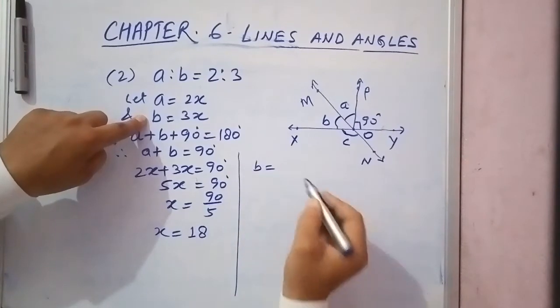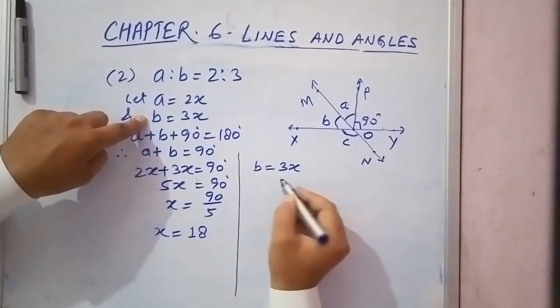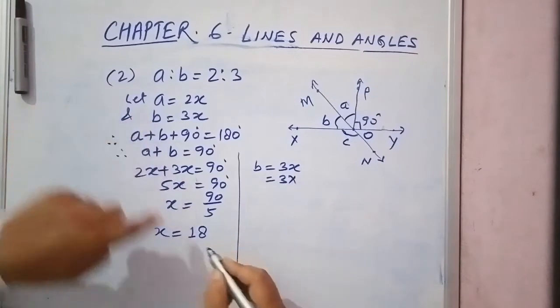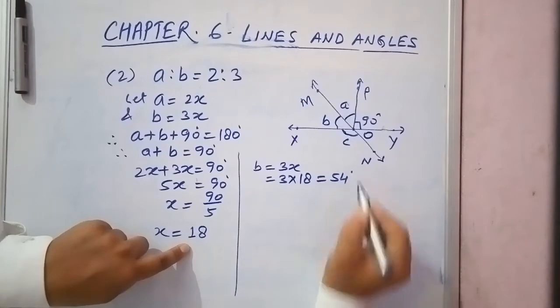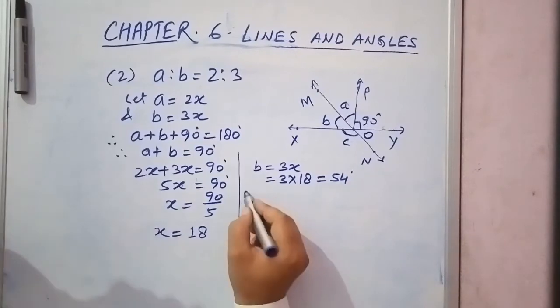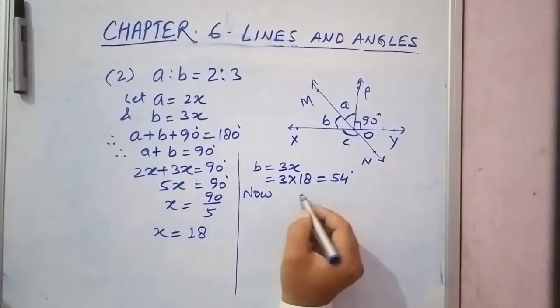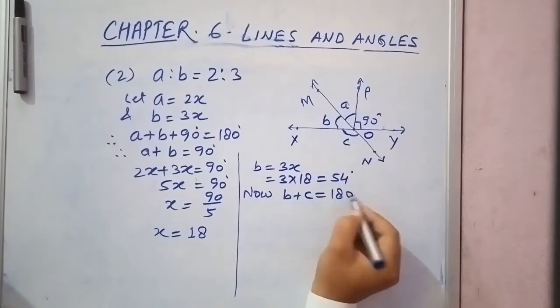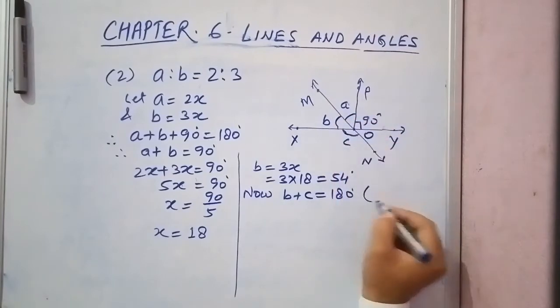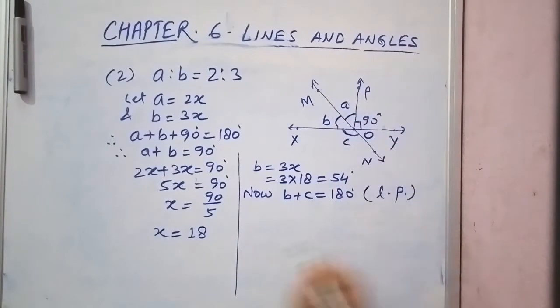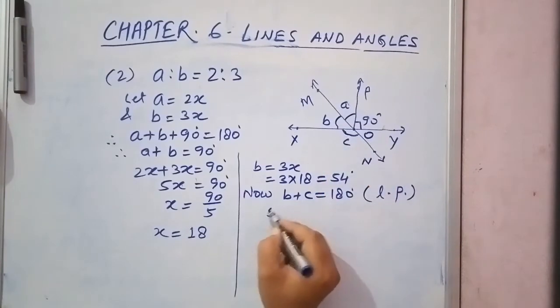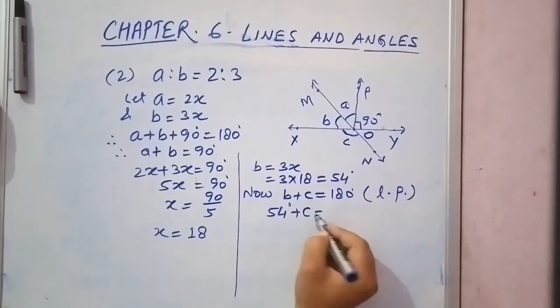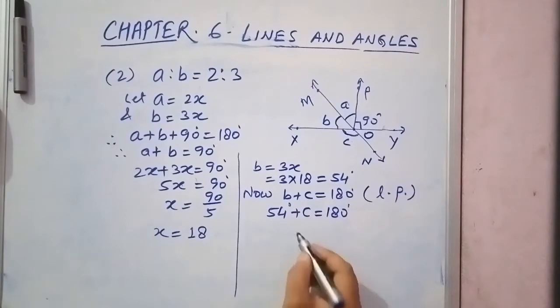Here b equals 3x, that is 3 into 18, which is 54 degrees. Now b plus c equals 180, this is a linear pair. So putting the value of b, 54 plus c equals 180.